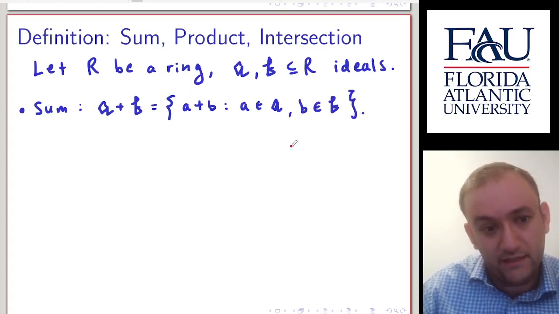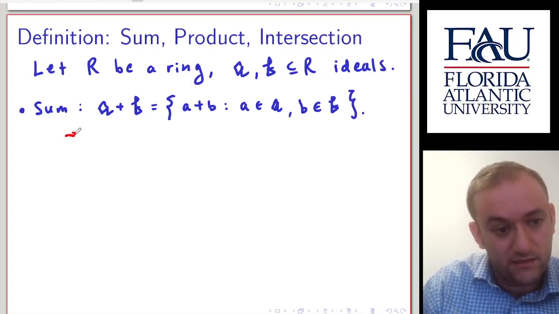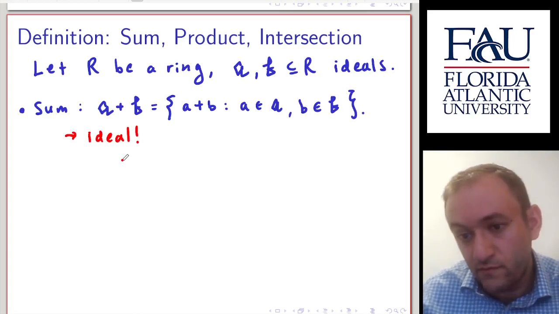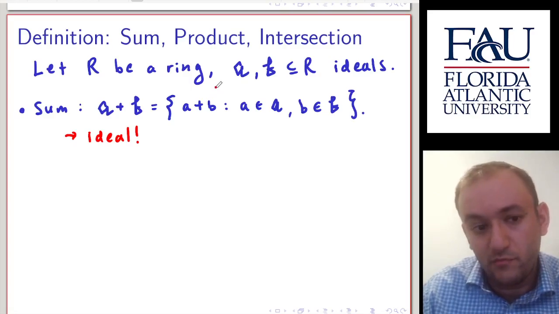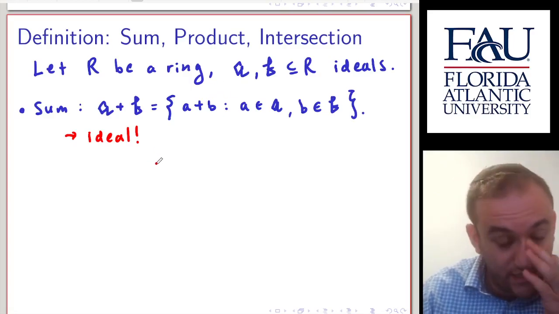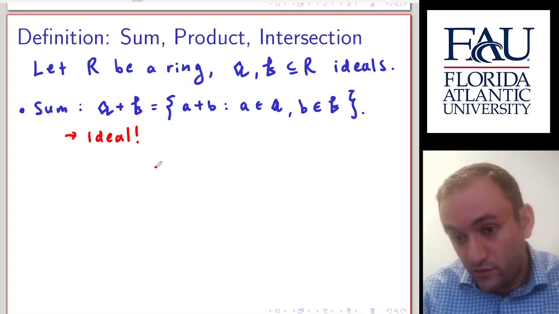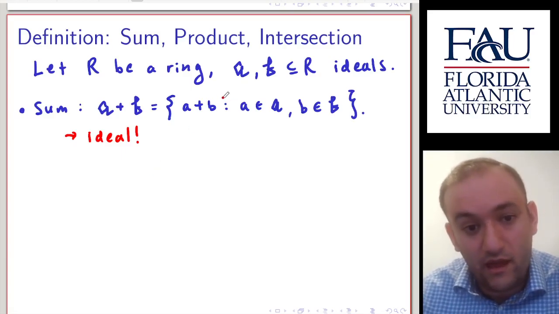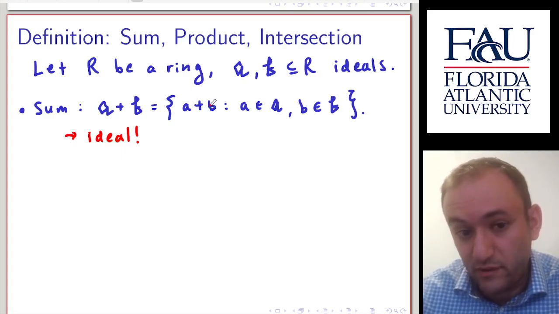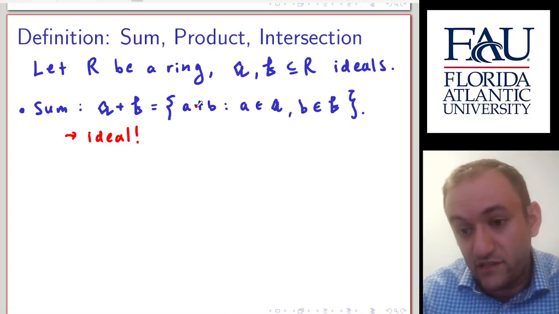Okay, and this is an ideal without any further construction, right? You just take any pair of elements and add them up, and that gives you an ideal. You can check this is closed as a subgroup, and multiplying by any element of the ring stays inside of A plus B, given that you have the distributive property.